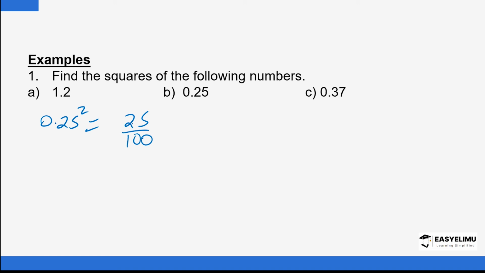So this is squared again. So this is going to be 25 over 100 by 25 over 100.